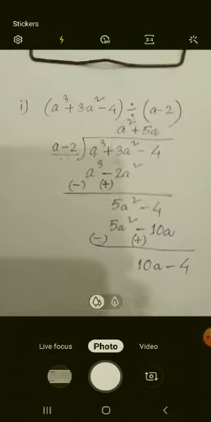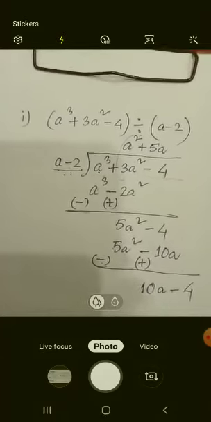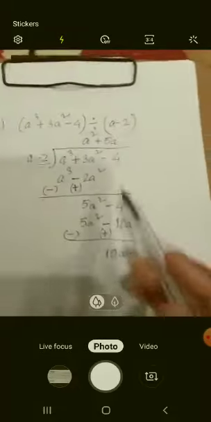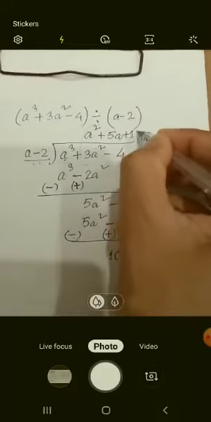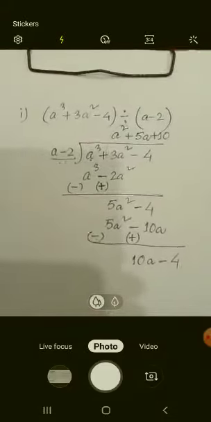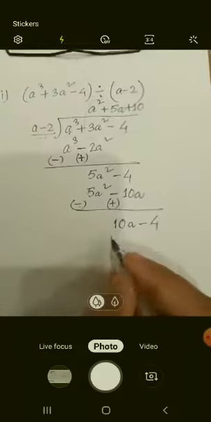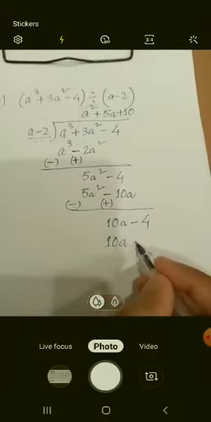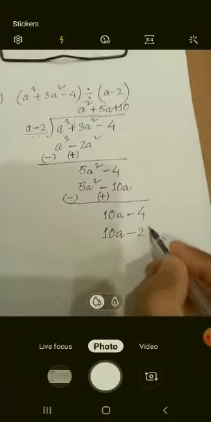Now repeat the first and second steps of multiplying. So in this case we have 10 times a and 10 times minus 2. 10 times a will be 10a, and 10 times minus 2 is minus 20.